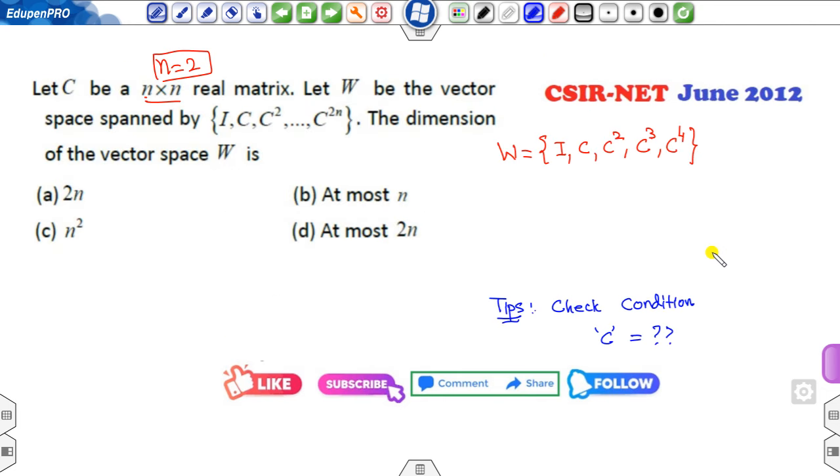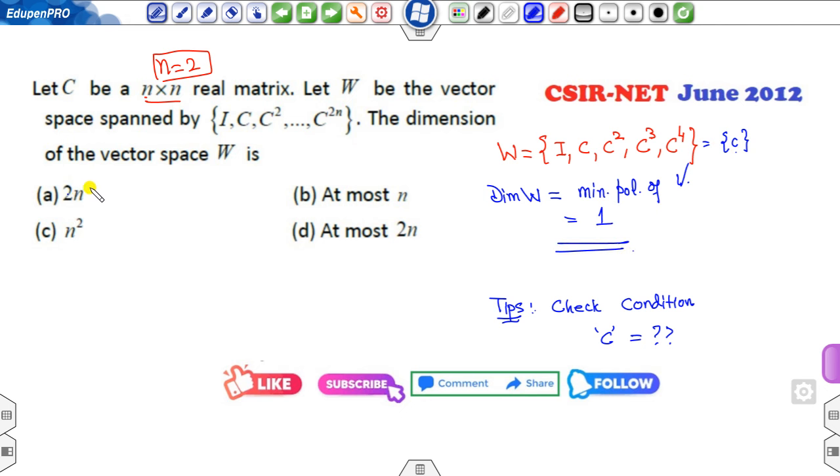Is that case also applicable in this one? Is there any condition imposed on this? No. Then if there is no condition imposed, the dimension will be the degree of the minimal polynomial of this set. Clearly all these elements are generated from this matrix C. Fine. So what is that? Only one. So dimension is 1.